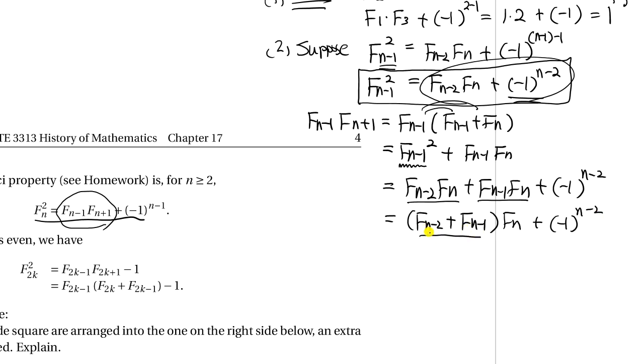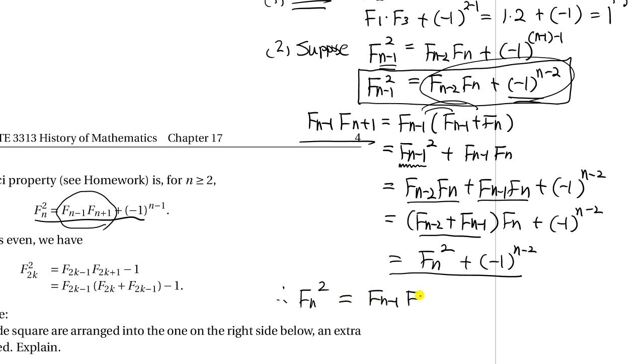Then this one, Fn-2 plus Fn-1, is the same as just Fn, right? By the Fibonacci sequence definition, so it's Fn squared plus (-1)^(n-2). So from this, you can say Fn squared itself is just Fn-1 times Fn+1 minus (-1)^(n-2), which is the same as Fn-1 times Fn+1 plus negative 1 times (-1)^(n-2).